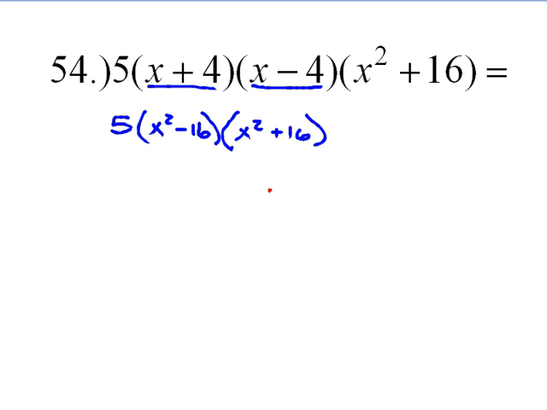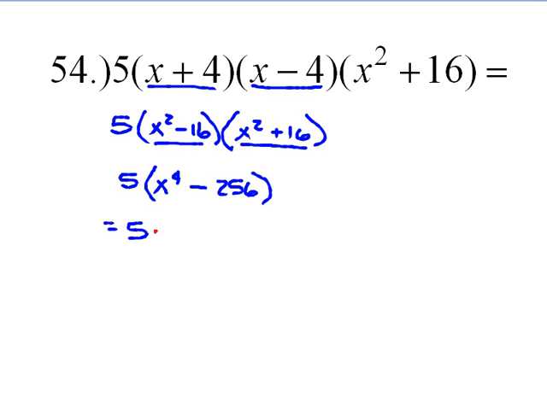Okay, now this looked real complicated, but look again. We have the difference of squares. So we keep our 5 and we have x squared times x squared, which gives us x to the fourth minus 16 squared, which if I ran that through right is 256.